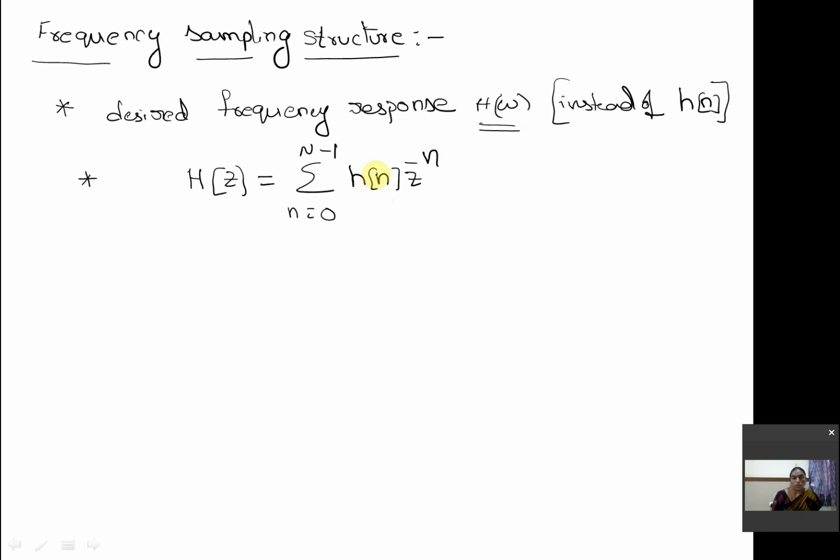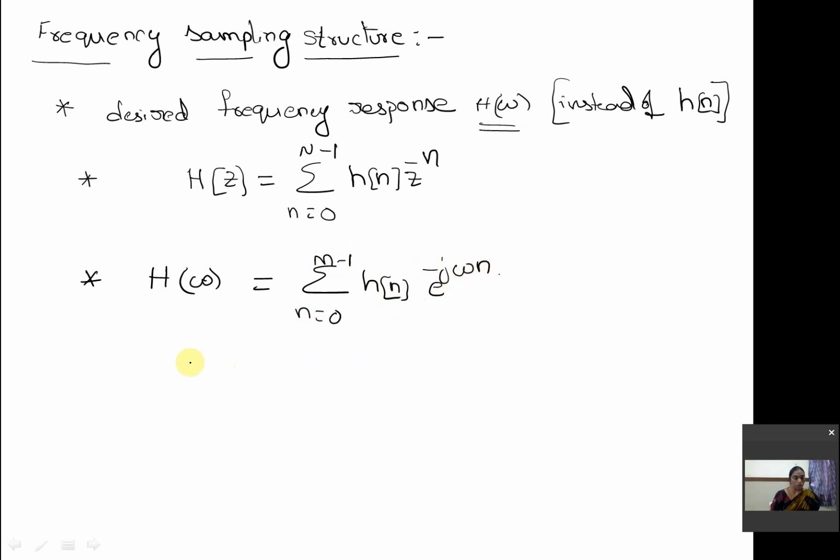From this knowledge you can find out H of z, then you can realize the structure. But now H of omega is given, so H of omega is equal to summation n equals 0 to M minus 1 h of n e power minus j omega n.